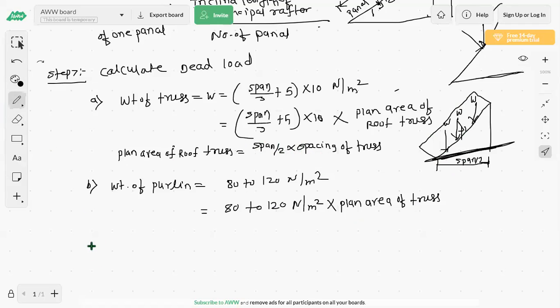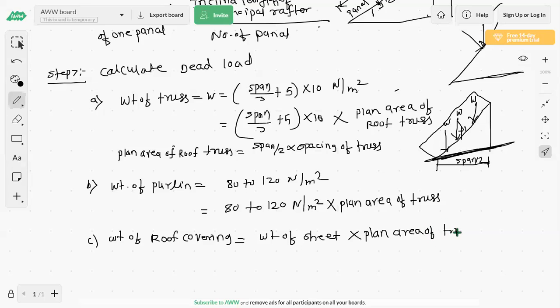Okay, so now again, weight of roof covering. So the weight of roof covering is the weight of sheet. Whichever sheet is given, the weight of that sheet, into again the plan area of truss.